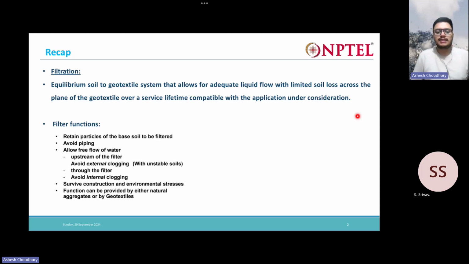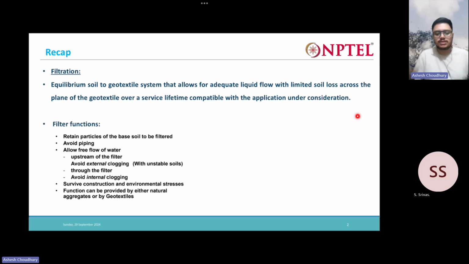If you place it without giving proper emphasis to each and every aspect, such as the gradation of soil particles in that region, that filter won't work properly. Either it will get clogged very easily, or it won't function properly. So it won't serve the purpose if you do not give proper attention to that.